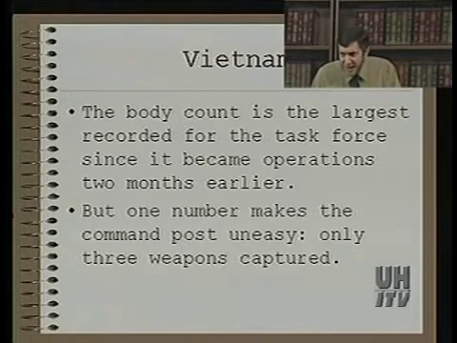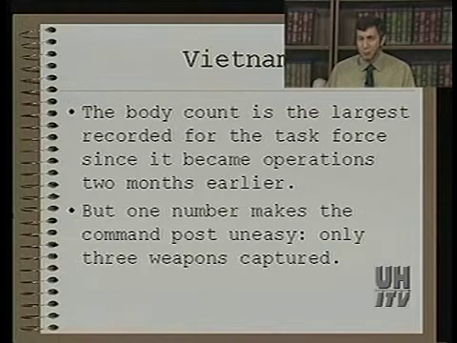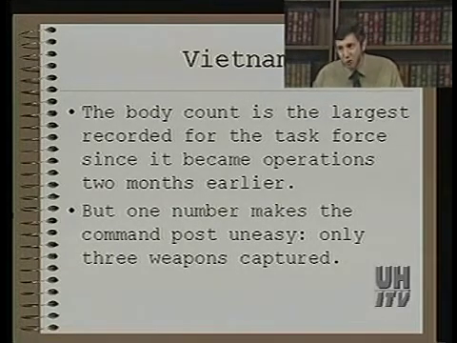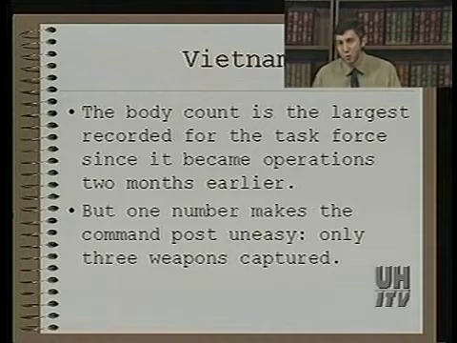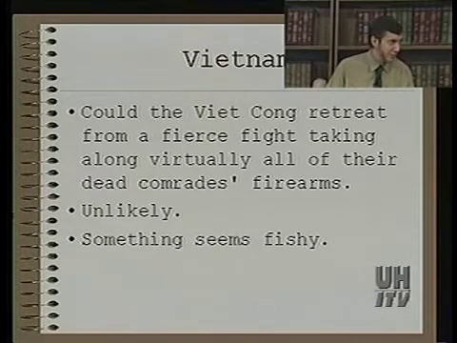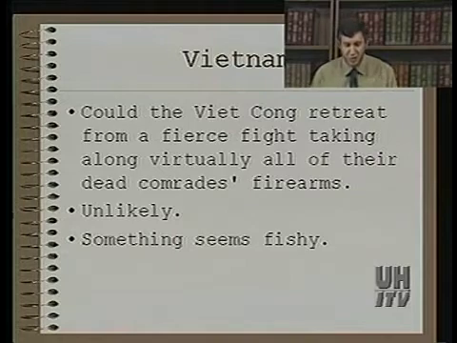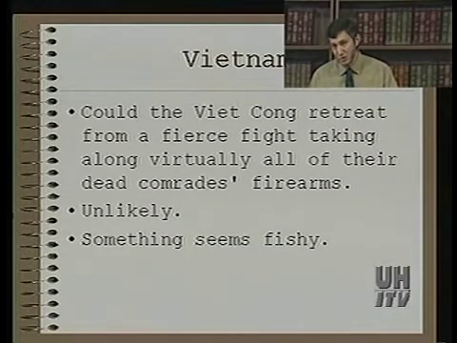The body count is actually the largest recorded for any operation in the past 2 months, but only 3 weapons were captured. Could the Viet Cong retreat so rapidly that they could gather up all of their comrades' arms? Unlikely. Something is fishy.